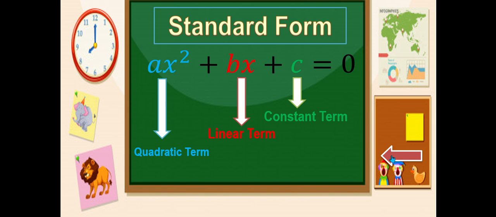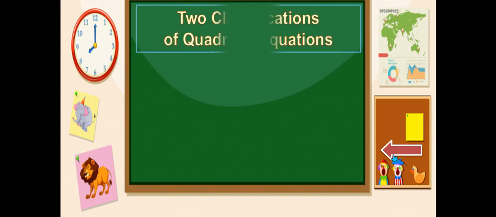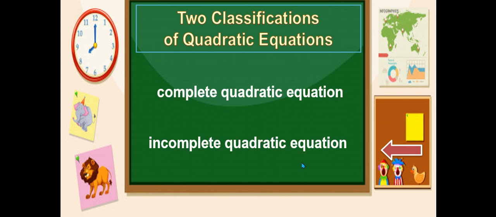Next, I have here two classifications of quadratic equations: complete quadratic equation and incomplete quadratic equation. It is self-explanatory, class. When we say complete, it involves the quadratic term, the linear term, and at the same time the constant term. When we say incomplete, either the linear term or the constant term is not present.